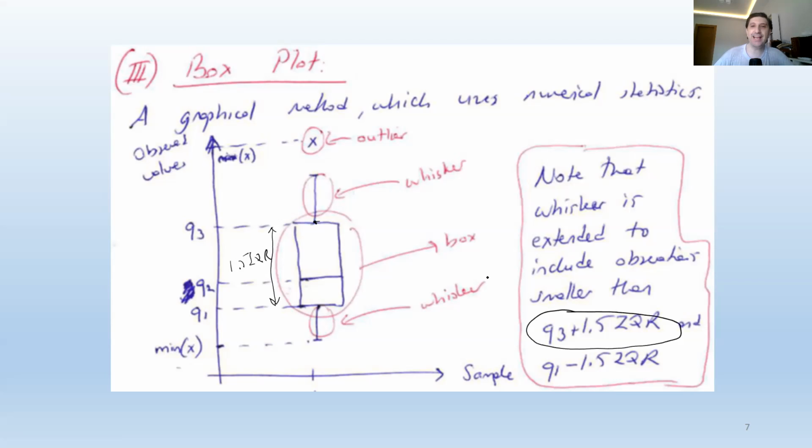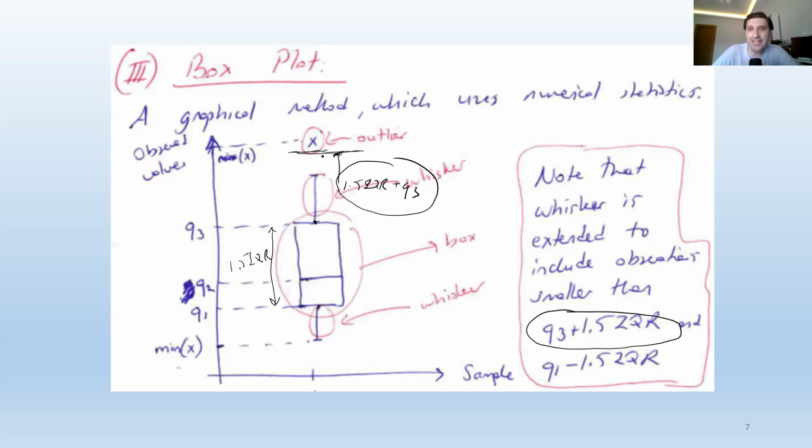So here is the idea. Observations excluding this range, from this point to, let's say, this region, which is 1.5 interquartile range plus Q3, this value here. If there is any observation which exceeds this virtual limit, then it is going to be left as an outlier.